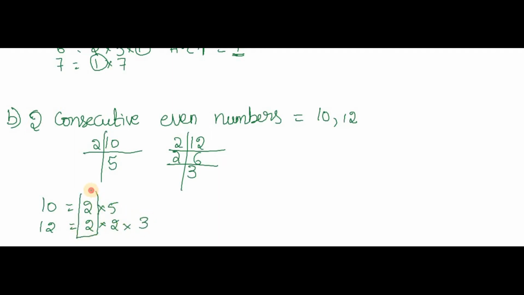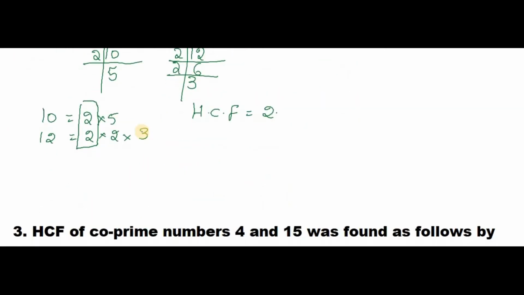Of course here we have one common number, that is 2. So always the HCF of two consecutive even numbers is nothing but 2.